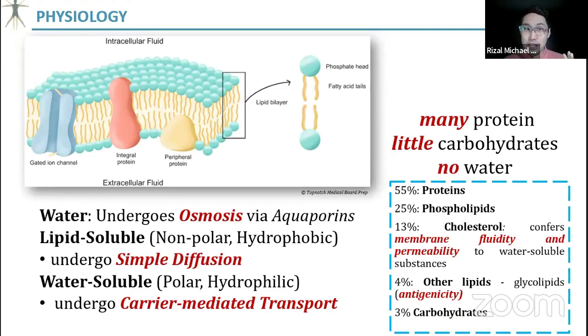So lipid-soluble substances can penetrate the whole cell membrane because the fatty acid tail is lipophilic. That's why lipid-soluble substances undergo simple diffusion, compared to water-soluble substances, which need carrier-mediated transport or an integral protein to pass from one compartment to the other.